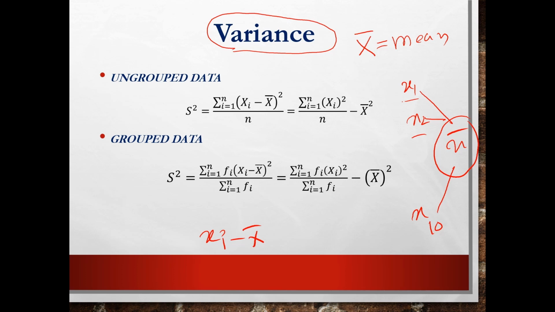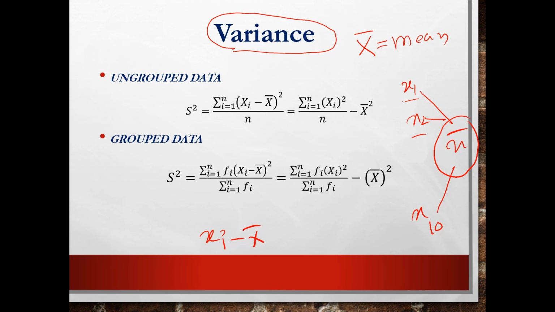But when you take the average of the raw distances, the negatives and positives get cancelled off and the variance would come as 0, right? So whether it is greater than the mean or less than the mean, we give the same quantity as the distance by squaring, right?